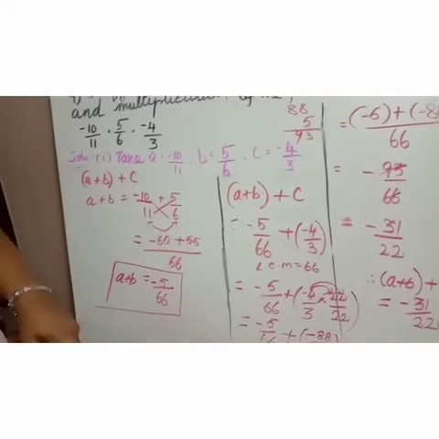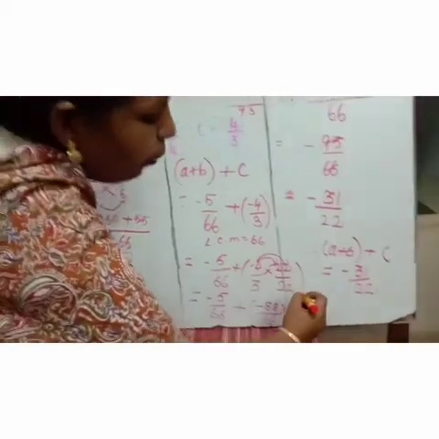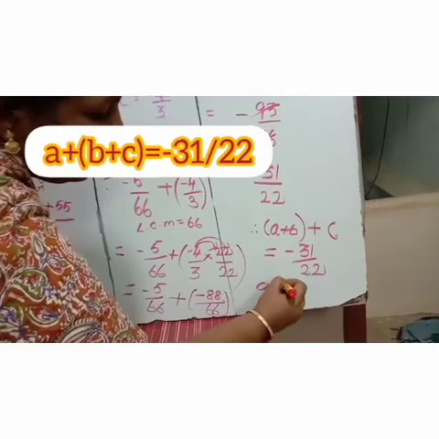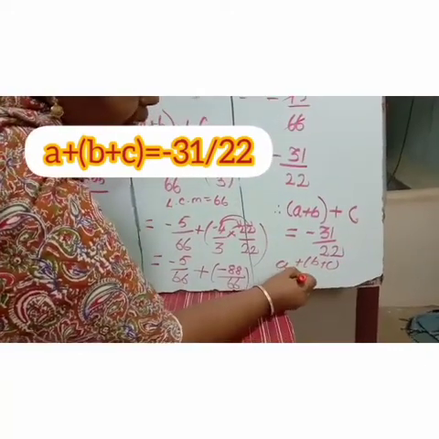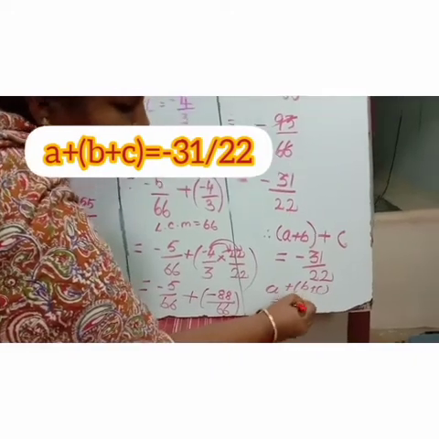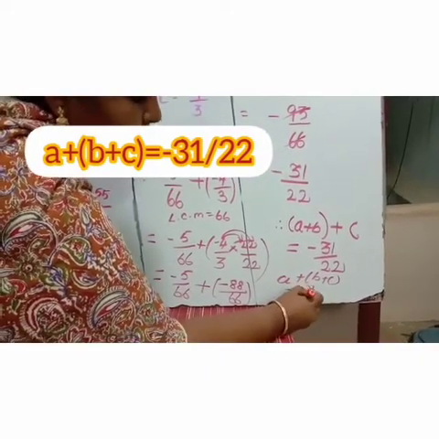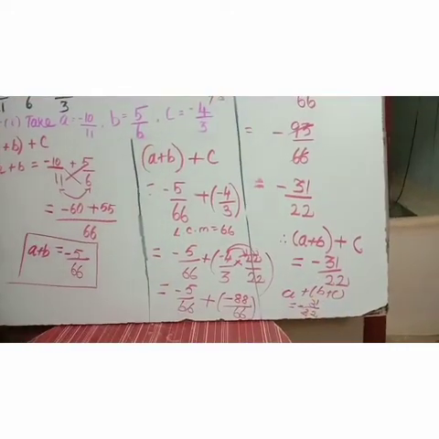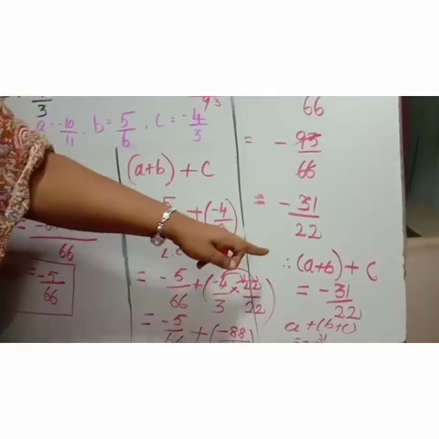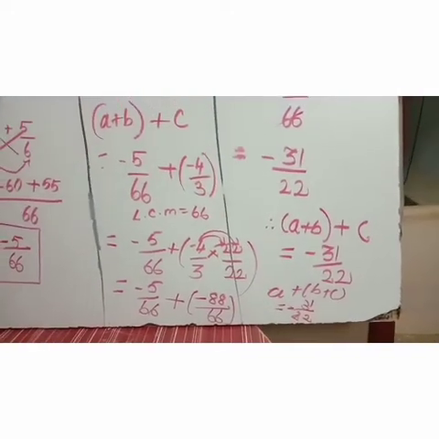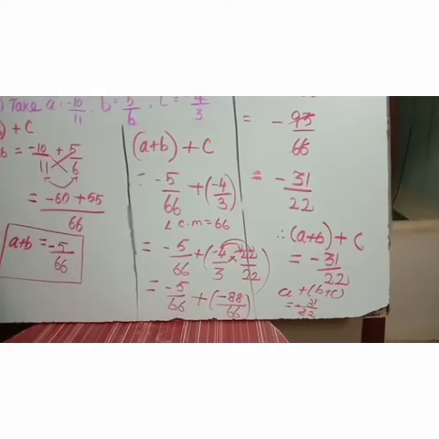A + (B + C) is also minus 31 divided by 22. So the two answers are the same. So the associative property is satisfied for addition.